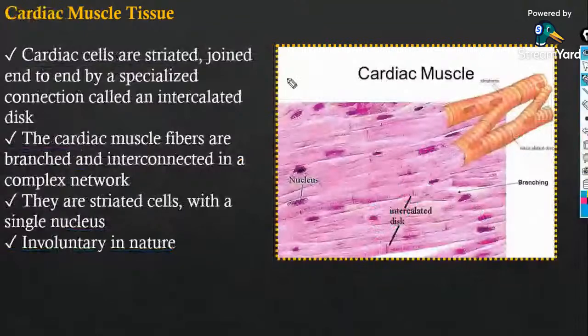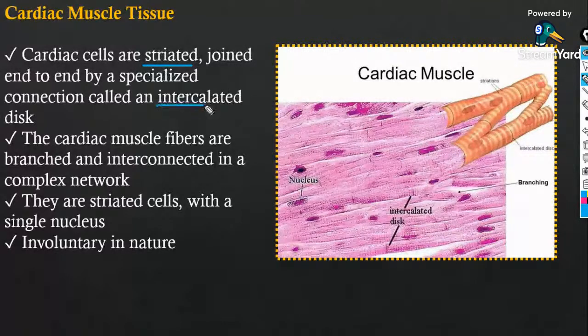Cardiac muscle. The cardiac muscles are striated muscles that have intercalated discs. That is a very important feature of the cardiac muscle alone. The cardiac muscles are striated muscles having specialized connections called intercalated discs.